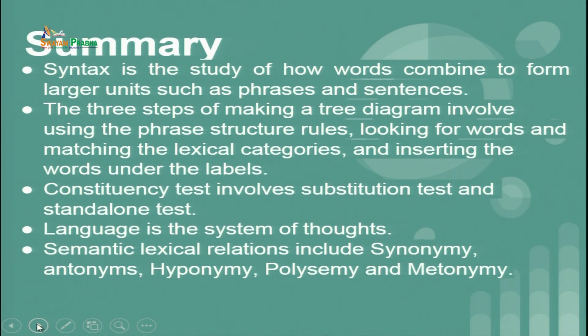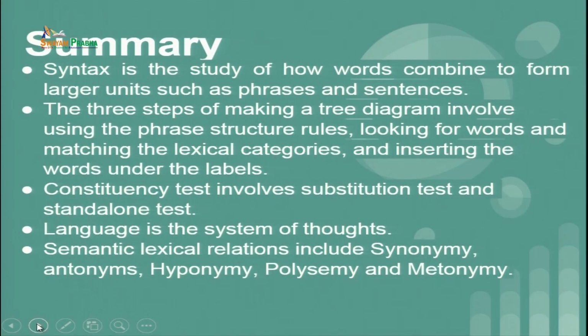We also discussed the constituency test that includes the substitution test and the standalone test. We also looked at language as a system of thoughts, and we understood how form derives meaning. Semantic lexical relationships including synonymy, antonyms, hyponymy, polysemy and metonymy have been studied.